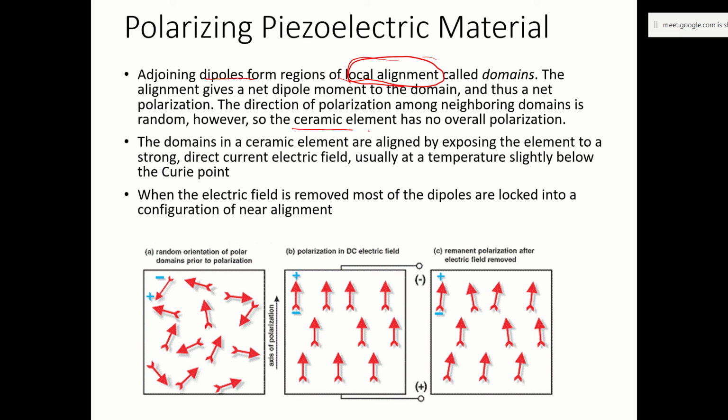But overall, there is no net dipole. When they are randomly oriented, there are several domains where there will be a collection of dipoles pointing in one direction, and a collection of dipoles pointing in another direction. So overall, in the material, there will be no net polarization.